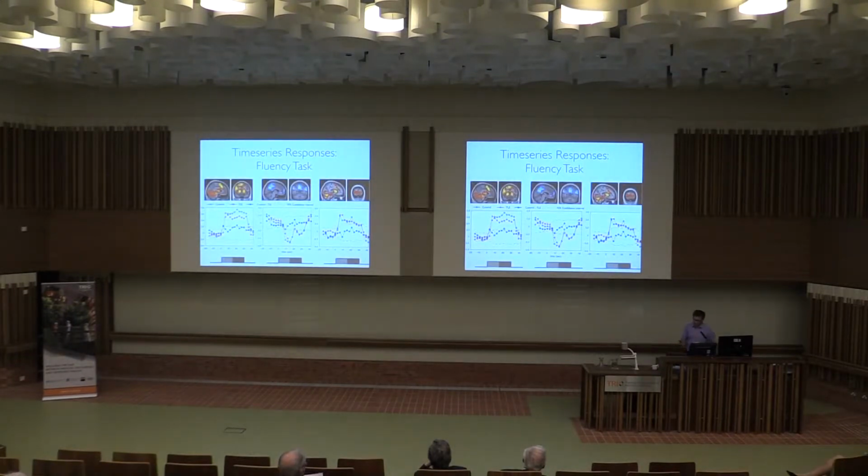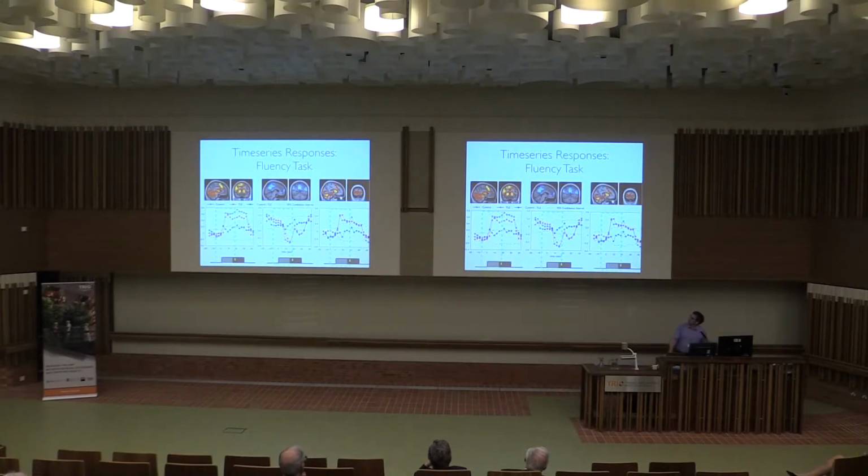This slide shows the grand average block responses in controls, shown in blue in each panel, in TLE patients, shown in red, and then the black curve shows the difference curve between these patient and control responses, and the dashed line defines the 95% bootstrap confidence interval. This is, again, the task positive network on the left, the default mode in the center, and the sensory ROI on the right.